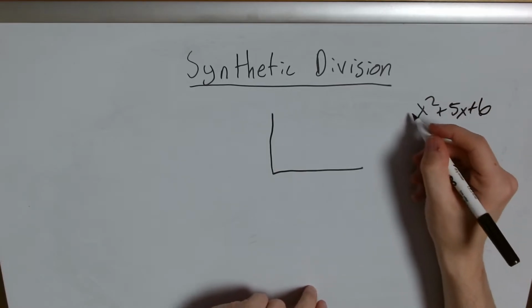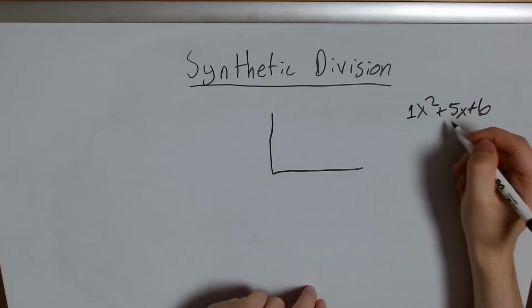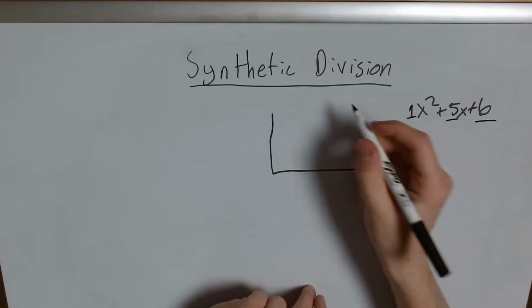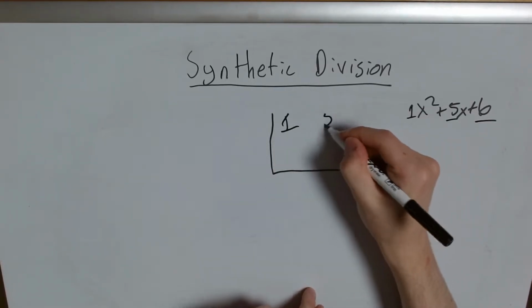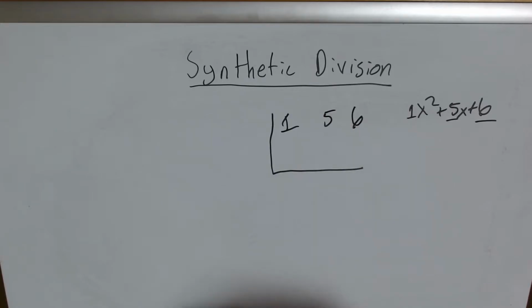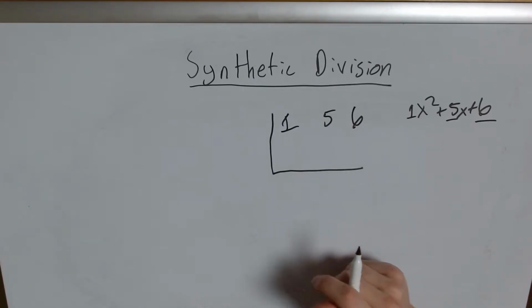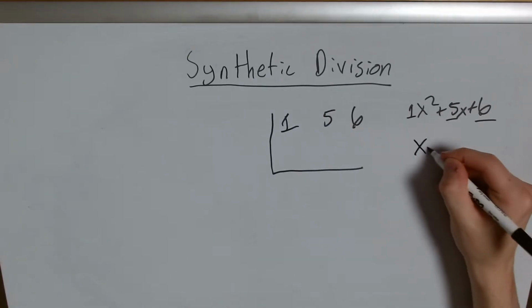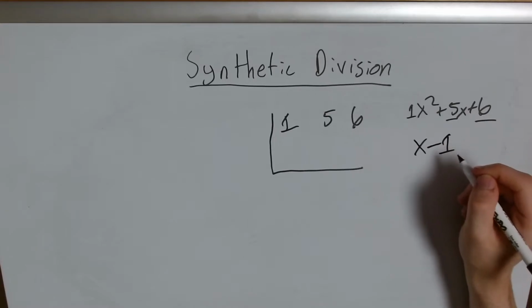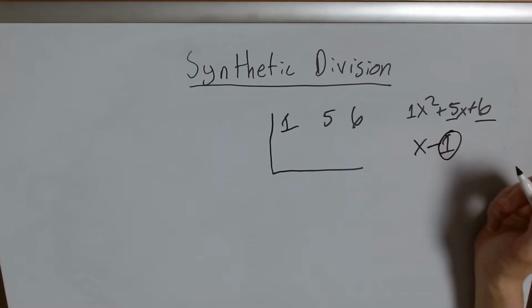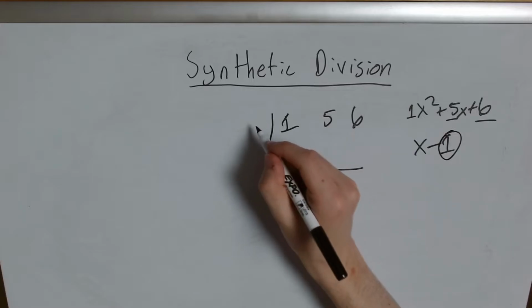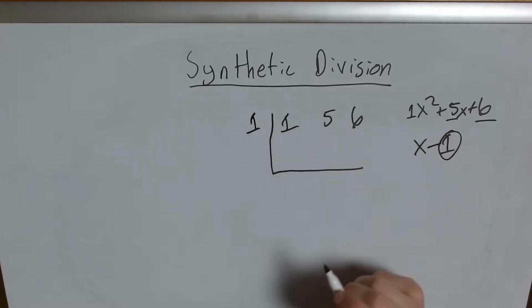Well, that has coefficients 1, 5, and 6. So we're going to write them like that. Next, we're going to put our test, the thing we're dividing, x minus 1. We're going to take this and basically put the negative version of that. So we're going to have 1 here.